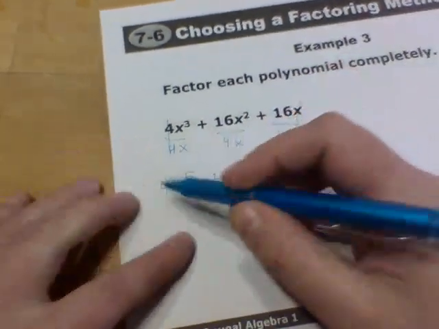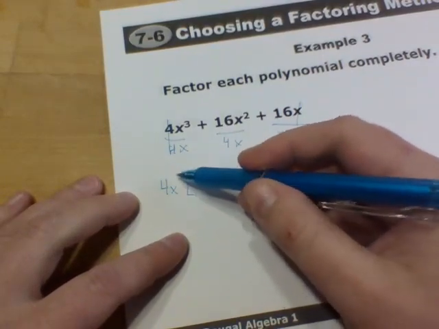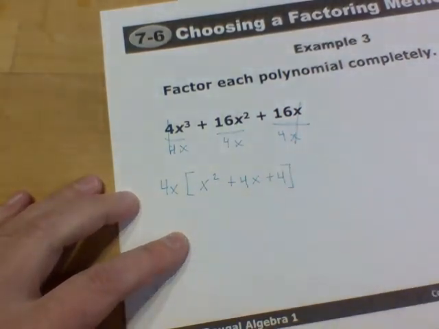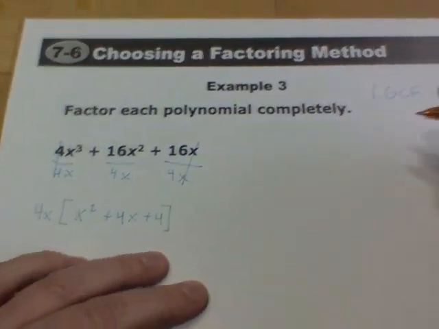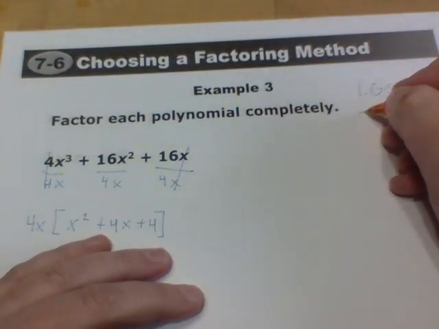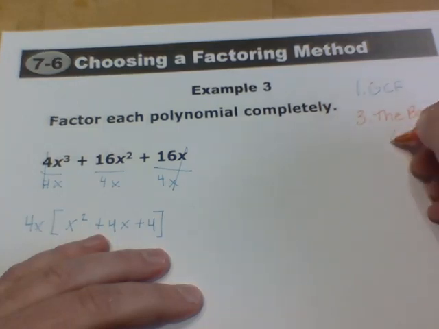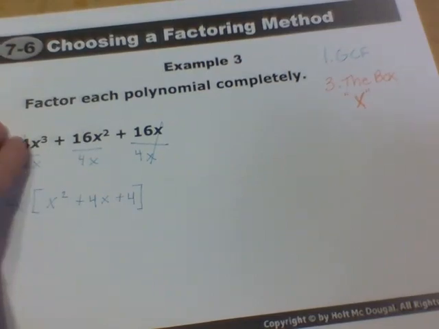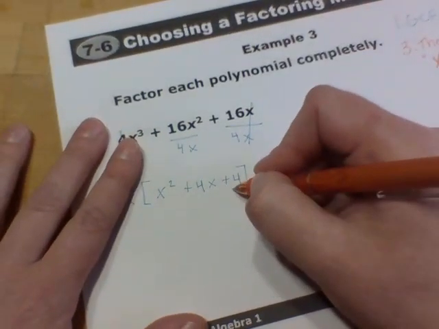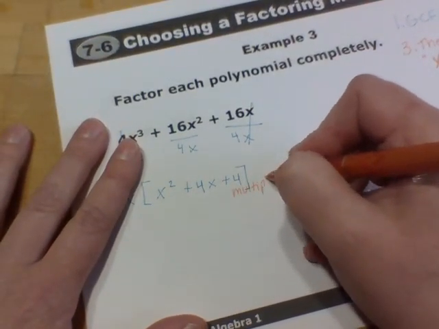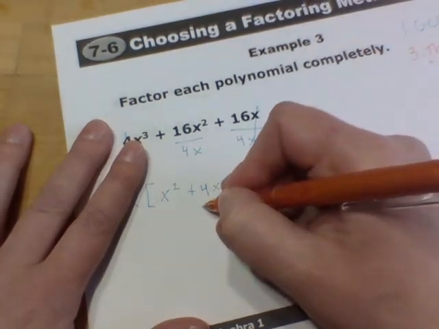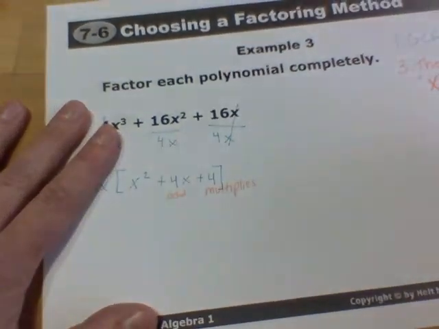All right. So again, now you're going to leave this 4x out front and focus on this trinomial. So the next thing that we're going to do is part 3, which is the box, or actually in this case the x, to find out what multiplies to be 4 and adds to be 4.